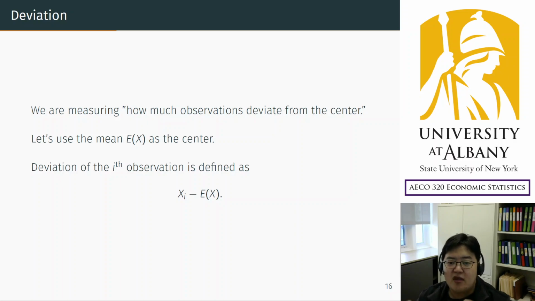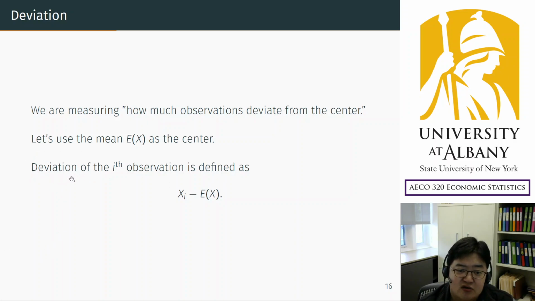So then, given the center, we are interested in the difference between an observation and the center. So we may define deviation in this way.